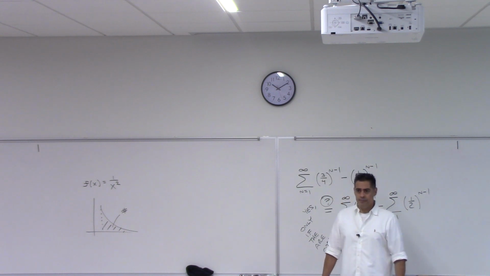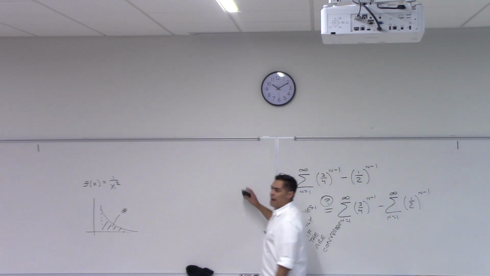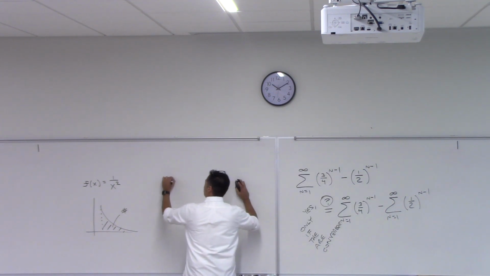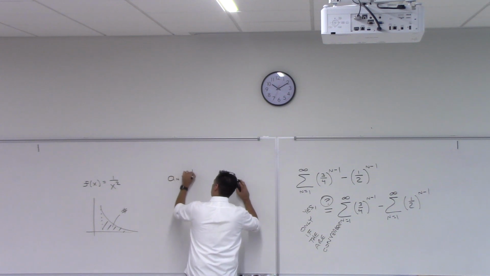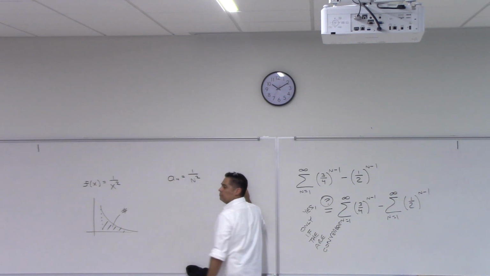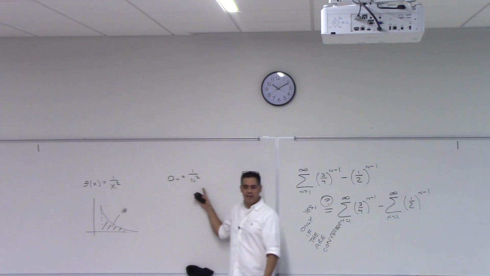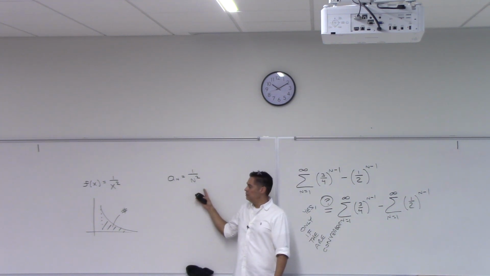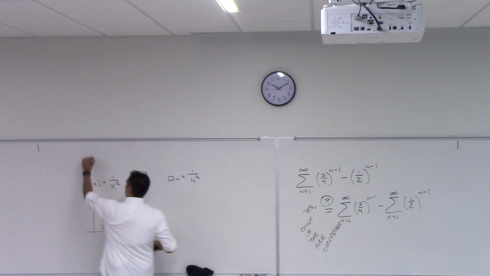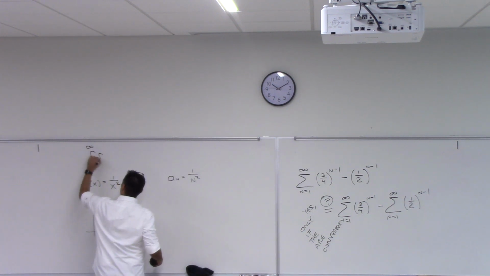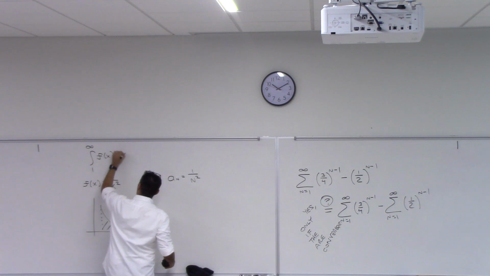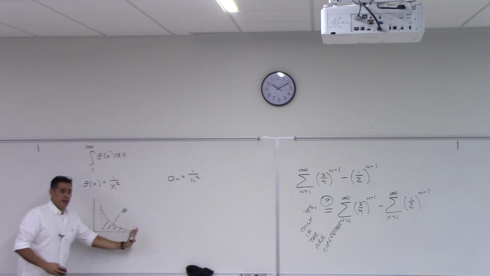All right? What I'm going to do now is look at the sequence. A sub n is 1 over n squared. 1 over x squared, 1 over n squared. This integral is adding up this total area, isn't it?